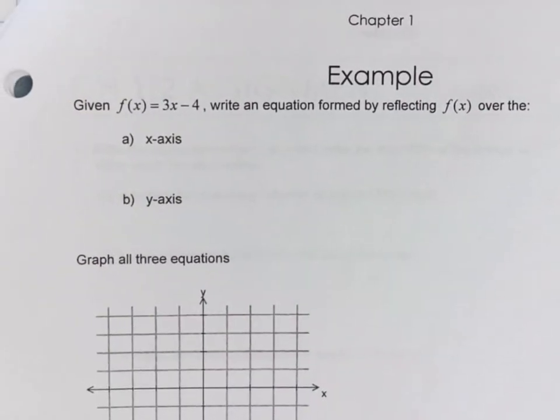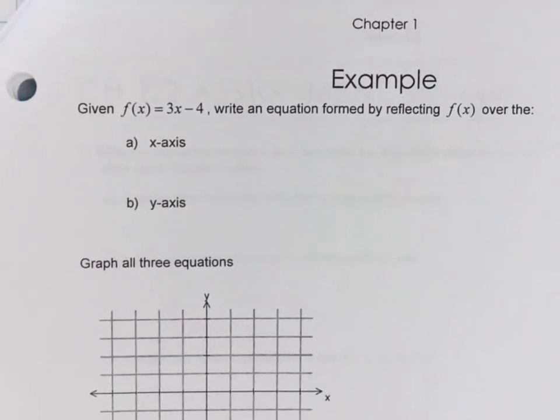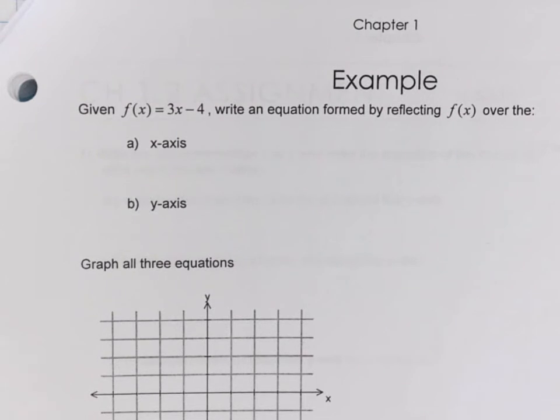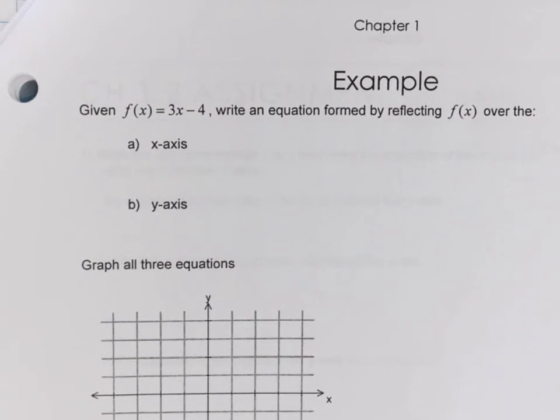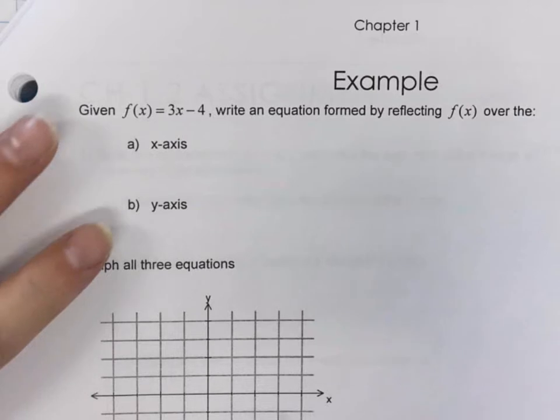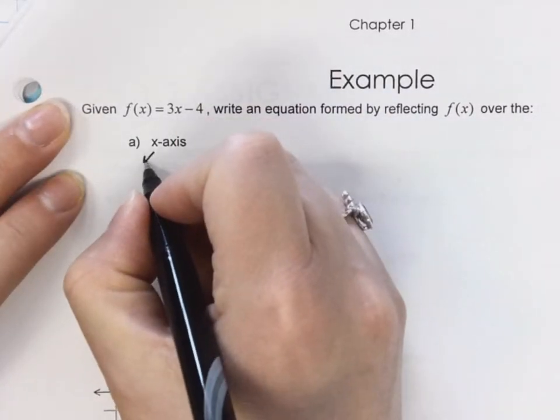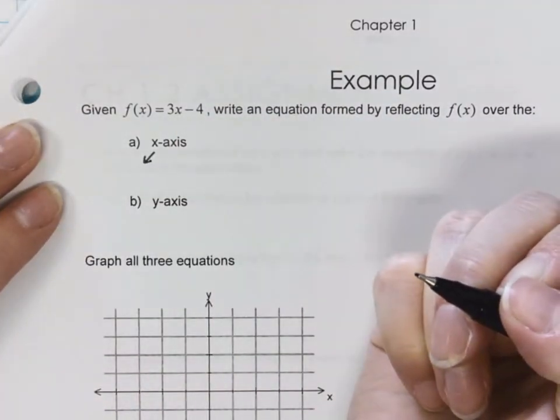Write an equation formed by reflecting f of x over the x-axis and f of x over the y-axis. I've given you the equation this time, so this is completely different. What do we do when we are reflecting over the x-axis? What math are we doing?